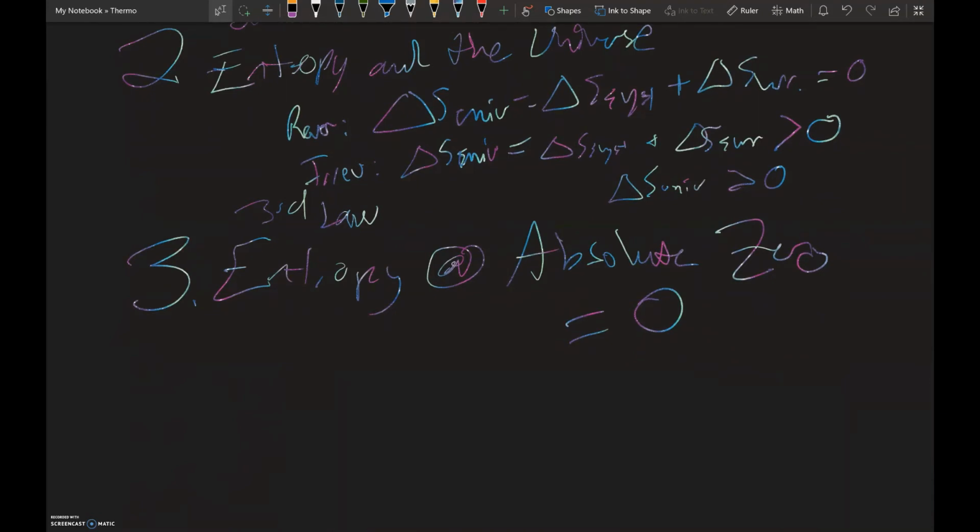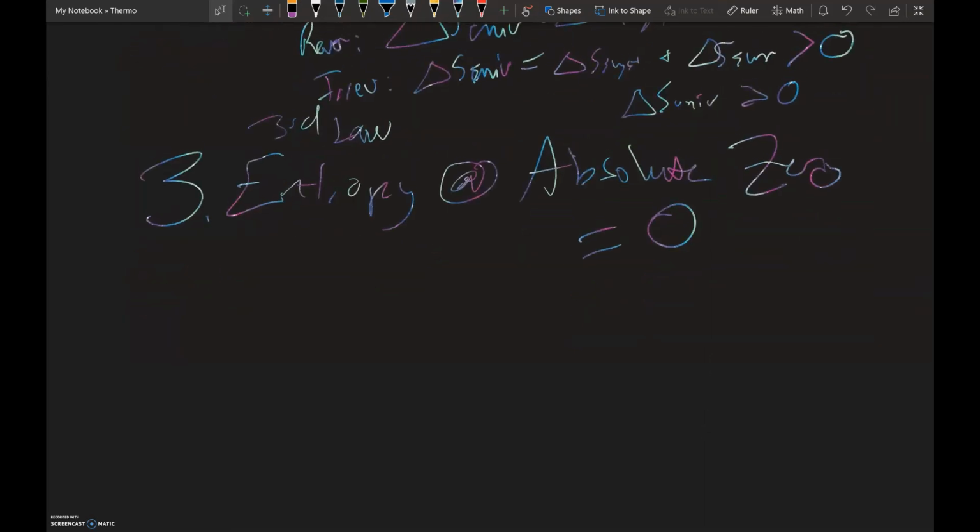So, just to recap, entropy is based around Rudolf Clausius' definition of delta S, which is equal to Q divided by T. The entropy of the universe is constantly increasing. Entropy itself is a state function, and there are 2 different types of processes: reversible and irreversible.